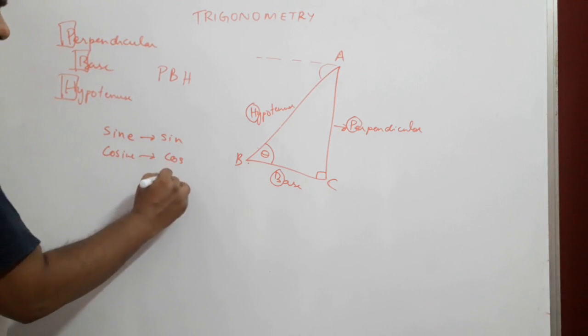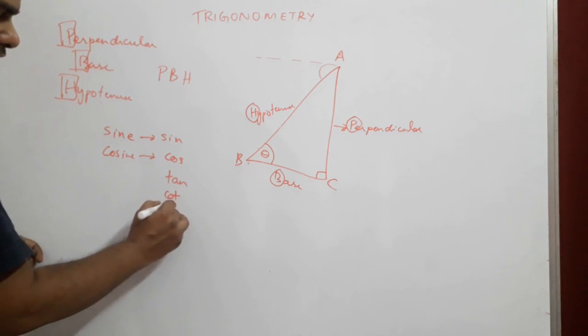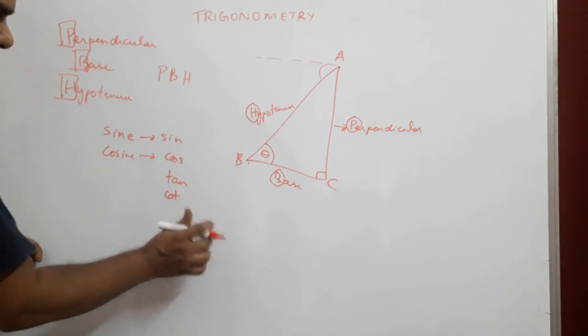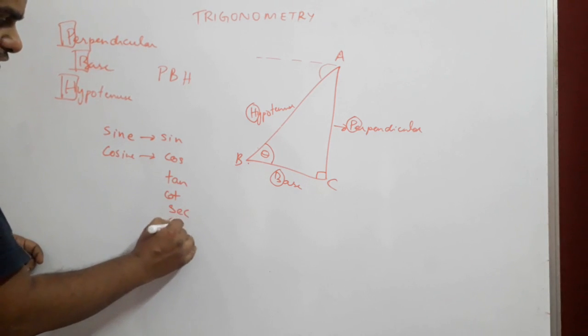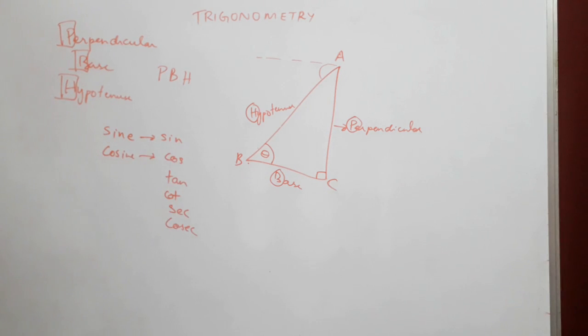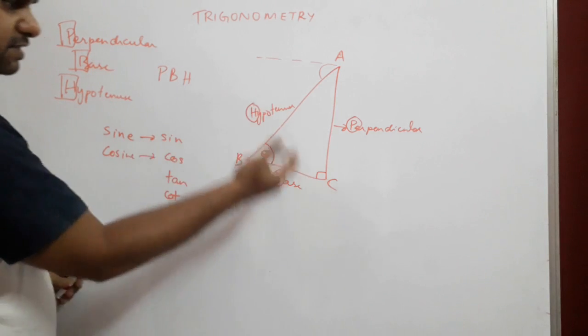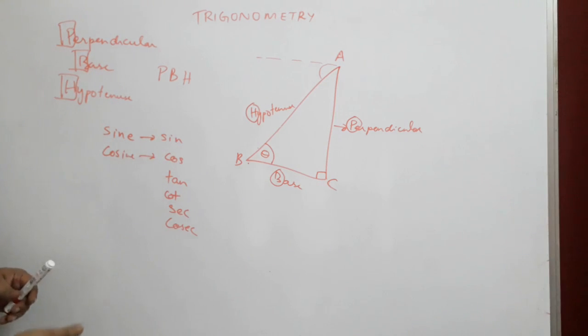Then you have tan, you have cot, you have sec, and you have cosec. These represent different ratios, as in the ratio of the sides, and we look at those ratios.